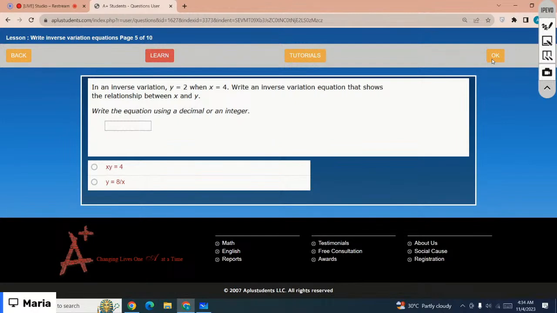That is y equals 8 over x. The correct option is y equals 8 over x. Option number 2 is the correct option.